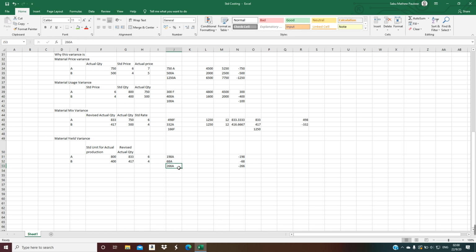So if you add 266 adverse plus 166 favorable, the material usage variance is coming 100 adverse. This is a very simple way, without studying any formula by heart. We can do all the problems like this in a logical way. Thank you.